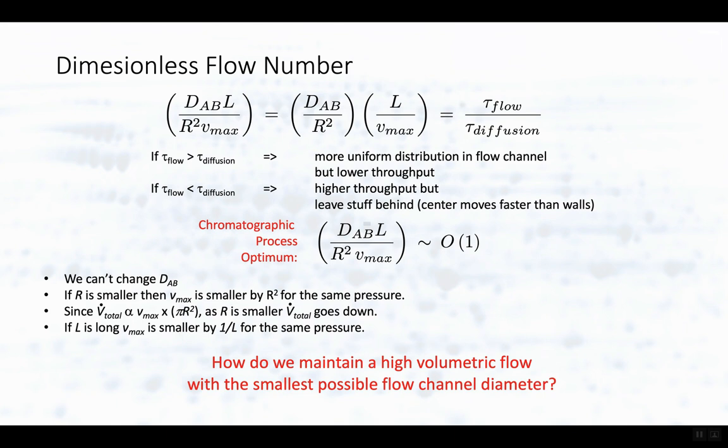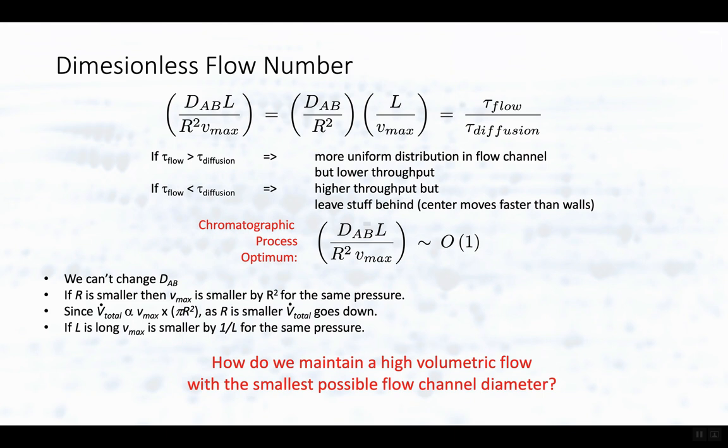So how do we maintain a high volumetric flow with the smallest possible flow channel diameter? That's really what we want to do, and this number doesn't allow us a whole lot of leeway there.